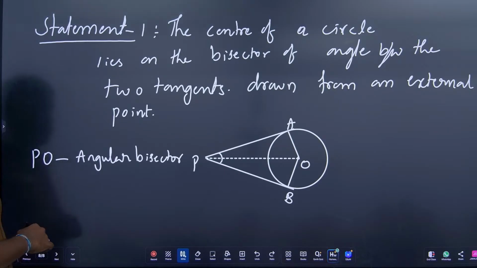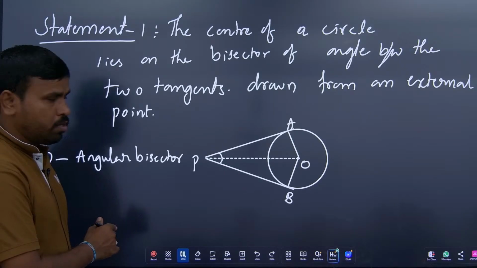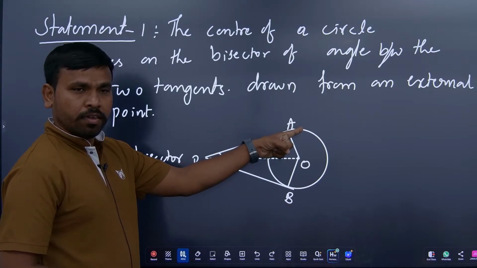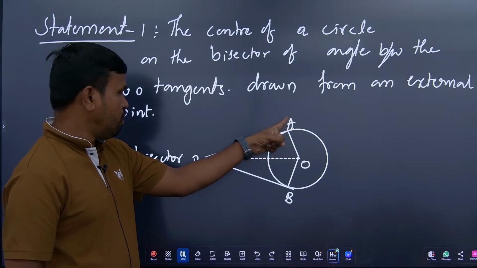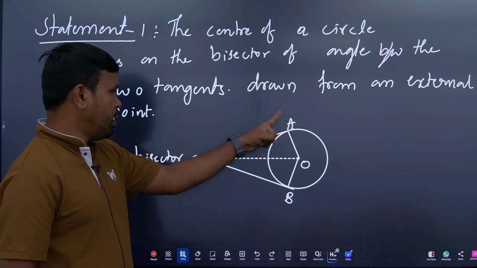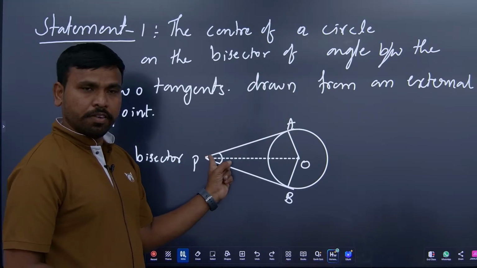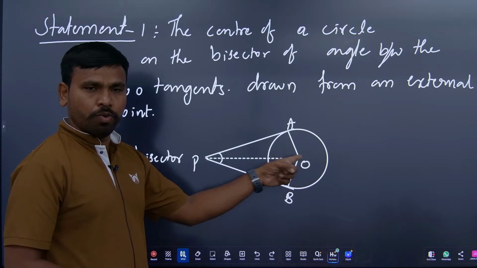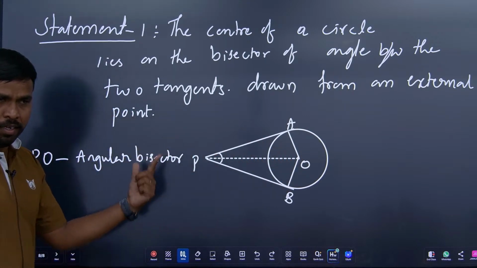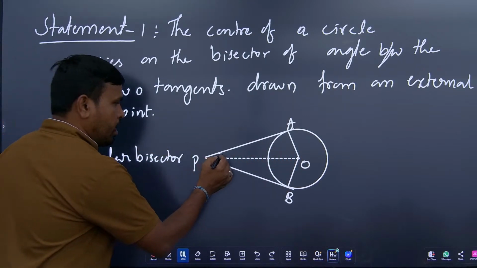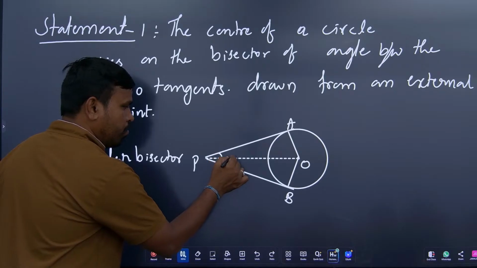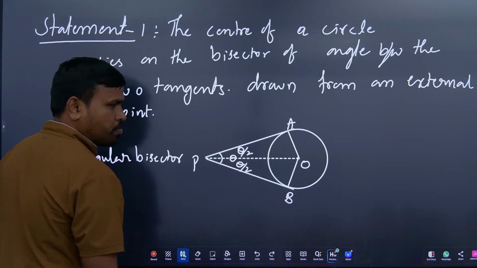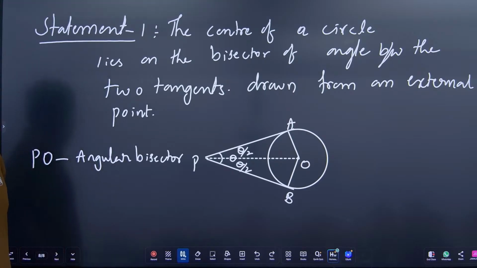Angular bisecting means the angle APB is divided into two equal halves by the line PO. So if the total angle is theta, then this one will be theta by 2 and this one will be theta by 2. Okay.